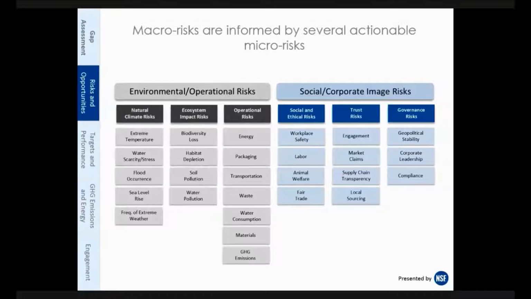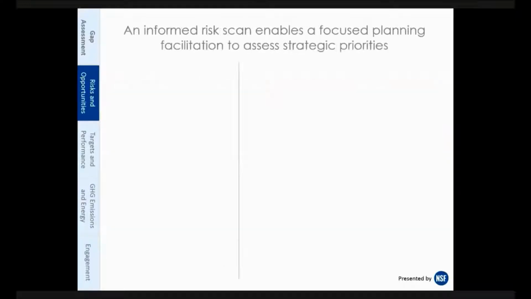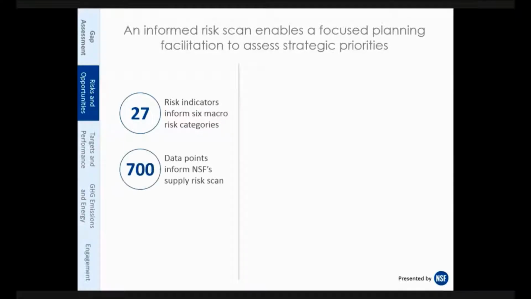So whether it's extreme temperature, water scarcity, flood occurrence, sea level rise, frequency of extreme weather, those are just a few examples. But ultimately, what that risk scan allows you to do is come up with a very strategic priority. So there are 27 risk indicators in this scanning tool. And again, maybe the goal is to identify 3 to 5.